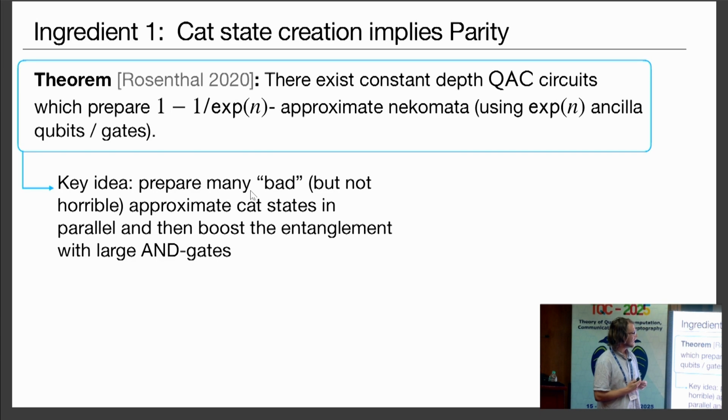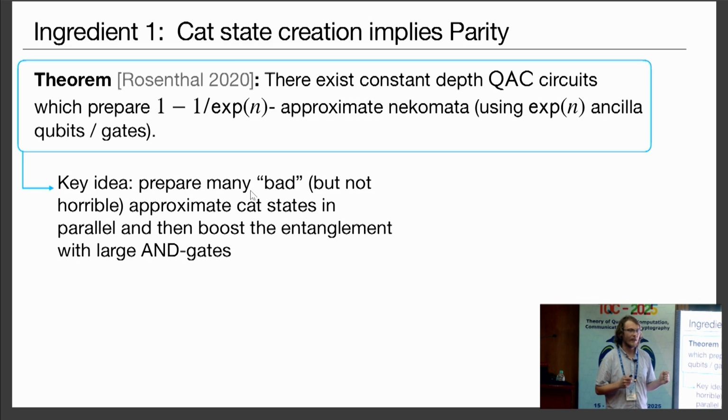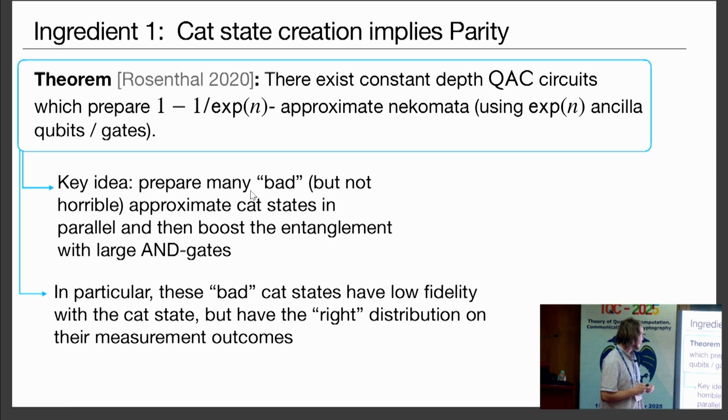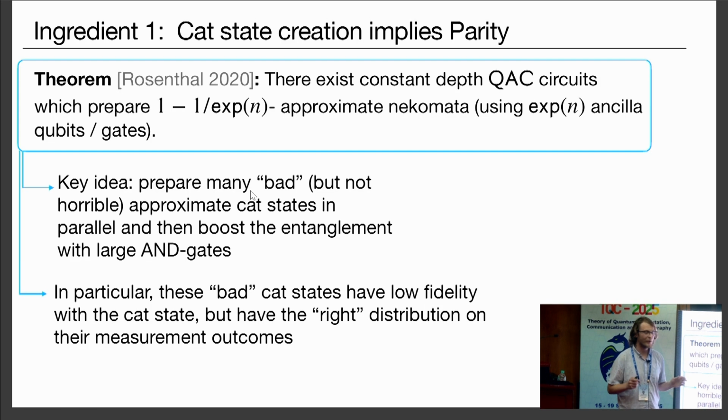The key idea in this proof is to prepare many what I'll call bad but not horrible cat states, and then somehow boost the entanglement that they have in constant depth in order to end up with one of these nekomata states. What I mean by bad but not horrible cat states is that each of these states has low fidelity with the cat state, so it's a poor approximation in a fidelity sense, but it has a measurement distribution with the right properties.